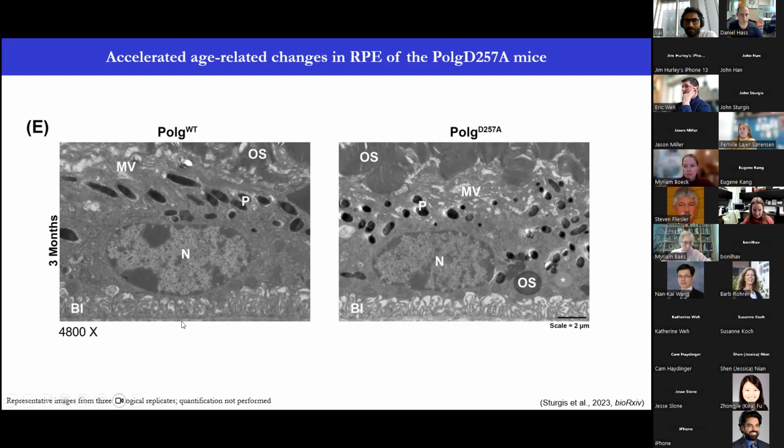One thing that I also noticed about these images, and we don't really know what they are, but do you see how the pigment in the D257A has these odd, almost like a hole right next to it in the tissue, whereas these look better, I guess is what I could say. We were thinking maybe that this could be what's contributing to that granule that we see in the autofluorescence study, but not sure.